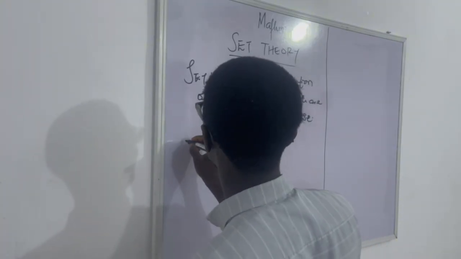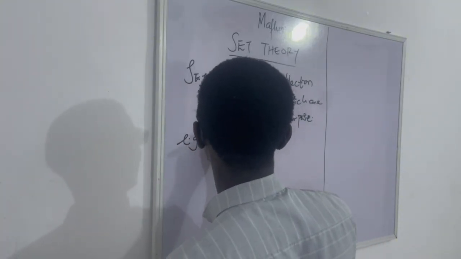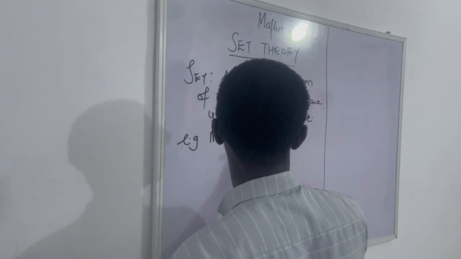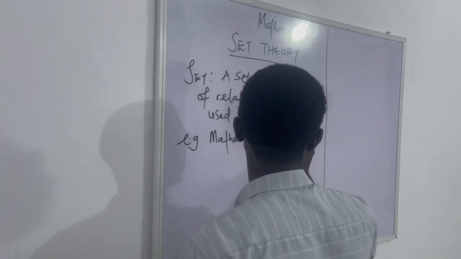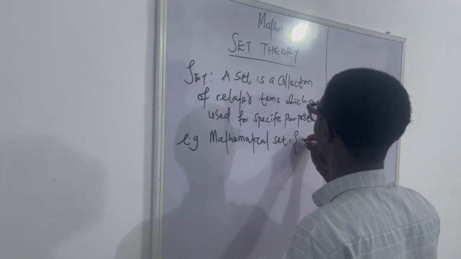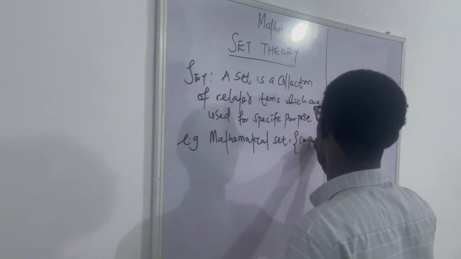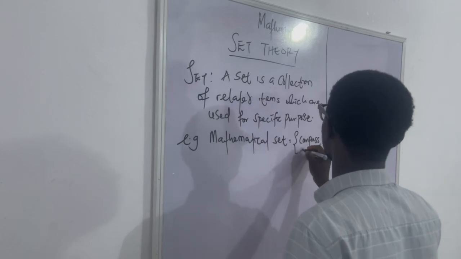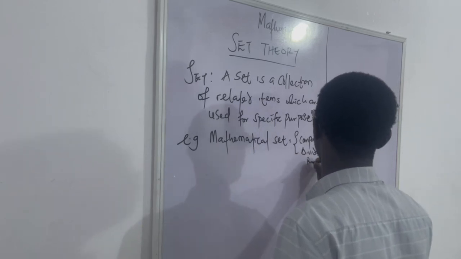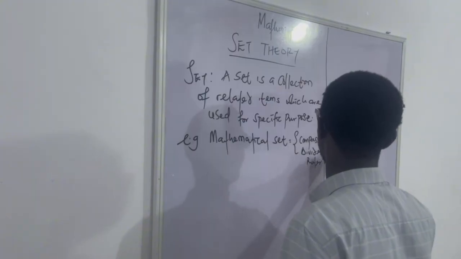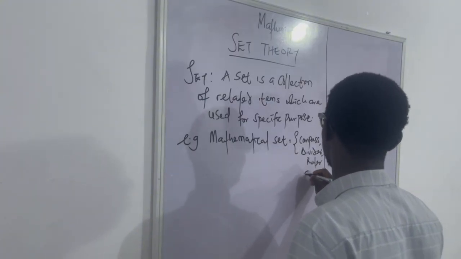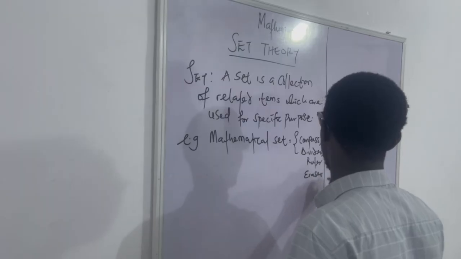Example one, I can call it a mathematical set. A mathematical set encompasses what? A compass, a divider, a ruler, an eraser, and so on.